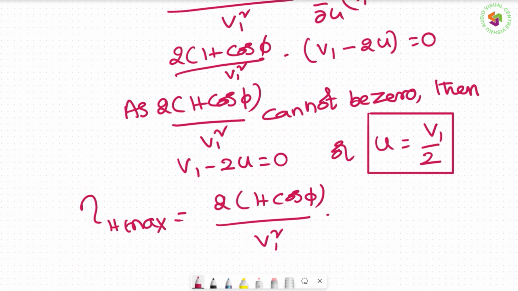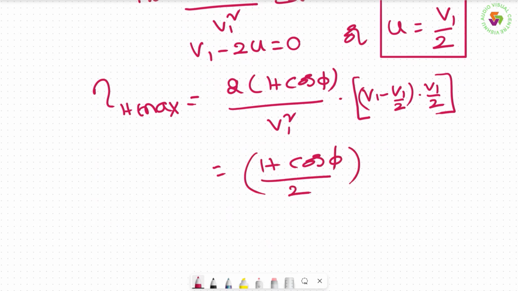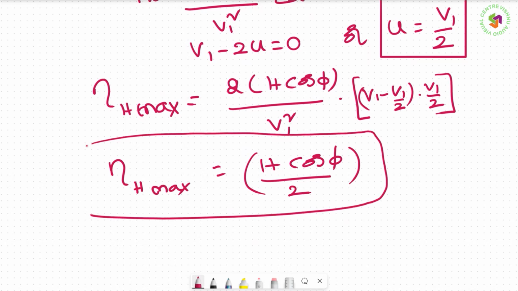Putting in U is equal to V1 by 2, V1 minus U means V1 by 2, into U, which is V1 by 2. If I do it like this, I will get (1 plus cos phi) by 2. This is the answer for maximum efficiency in the case of Pelton turbine.